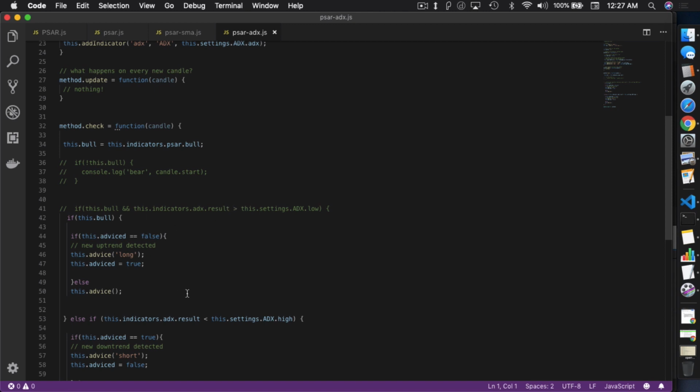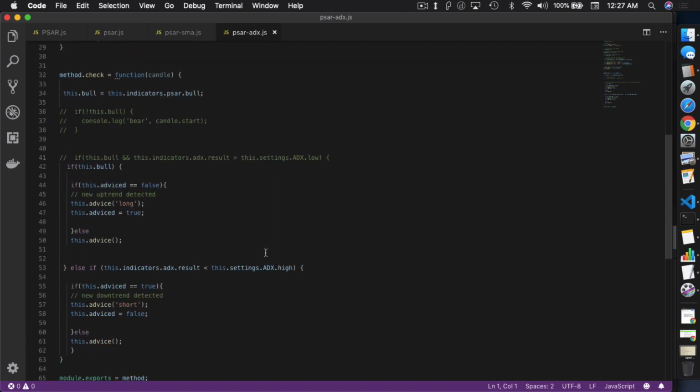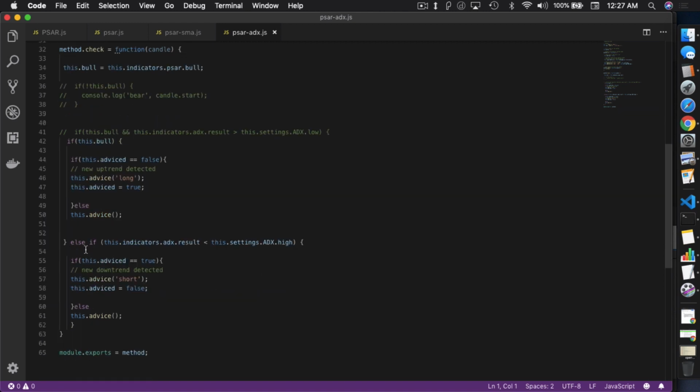Instead of using the ADX during the buy section, I'm using the ADX to confirm that the trend has ended, or that it is a strong trend, the way a particular sell position is initiated. So basically, this is a sell call, right? Else if, meaning at this point it is no longer a bull signal. The PSAR is not giving a bull signal.